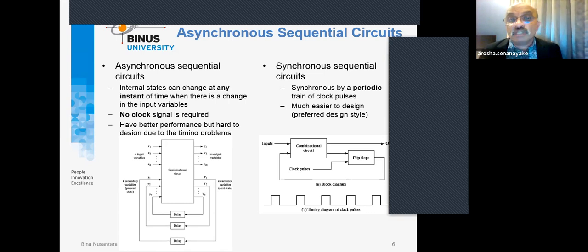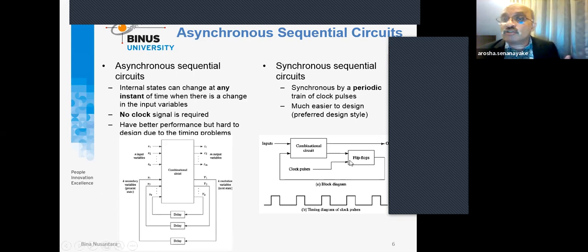So therefore, yes, this is a good performance compared to a synchronous sequential circuit. Why? Because a synchronous circuit entirely depends, as you can see in this diagram, on the clock pulses.